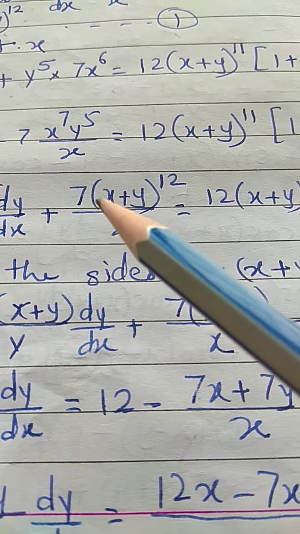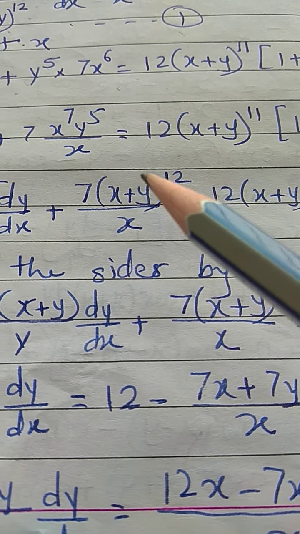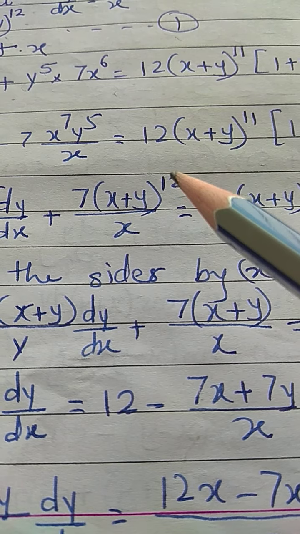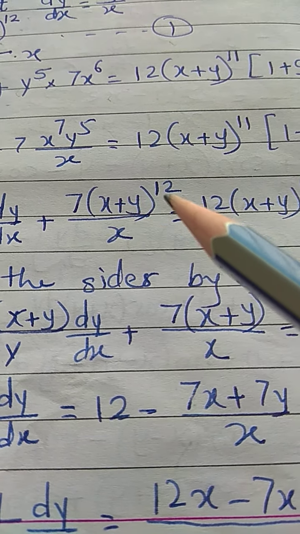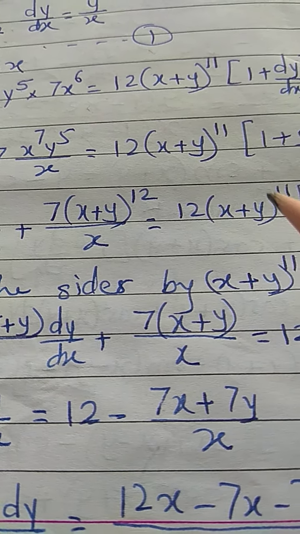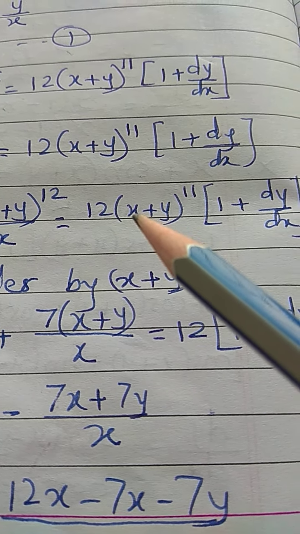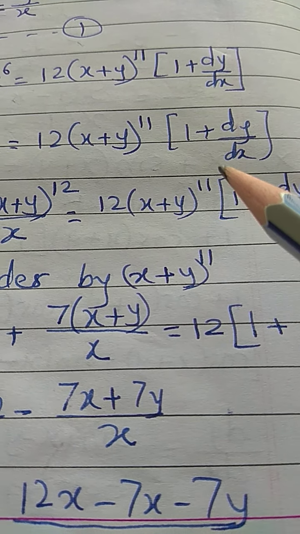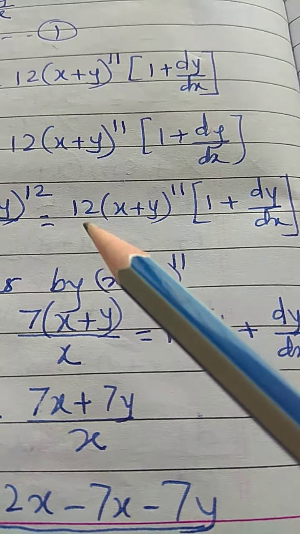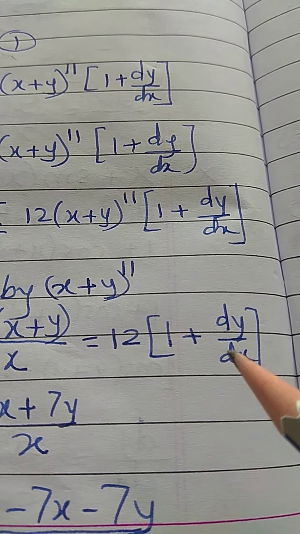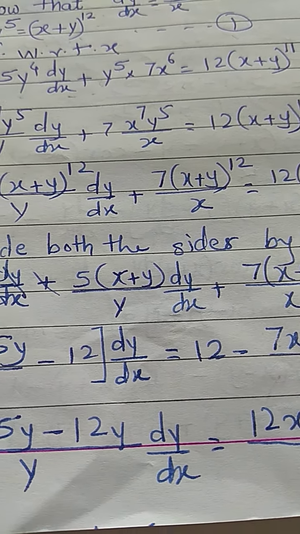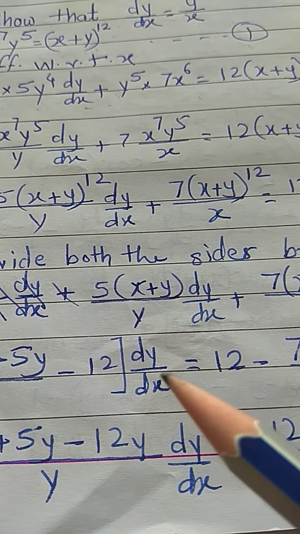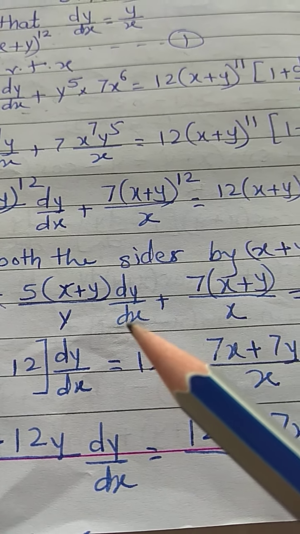We are dividing by (x plus y) raised to 11, so 12 minus 11 gives you 1, so (x plus y) raised to 1 will remain. As we are dividing by (x plus y) raised to 11, here it will remain 12 in bracket 1 plus dy by dx.